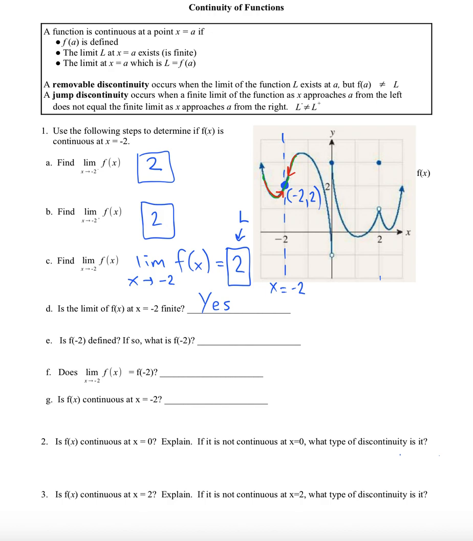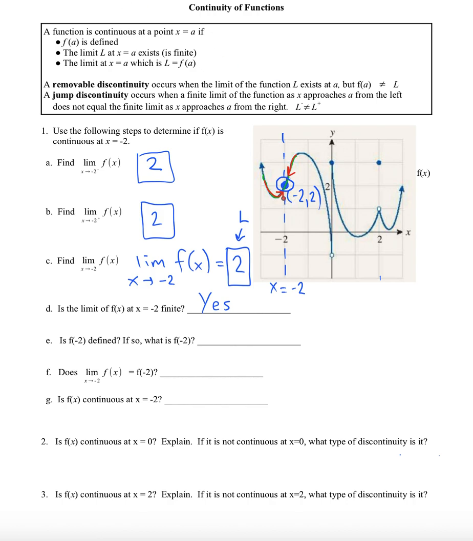What we have to do next is the critical step. We have to show that the output of the function equals that limit. So is f of -2 defined? Yes, it is, because we do have a solid dot here. And then what is that output?